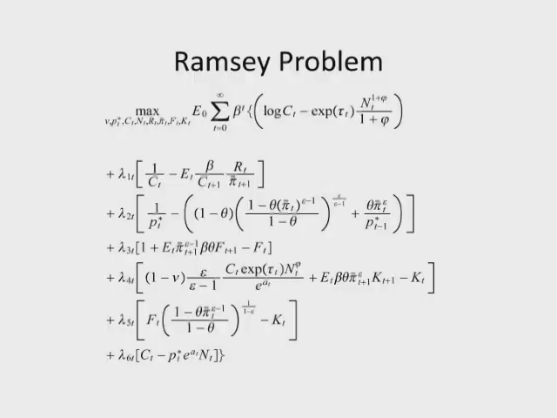So the Ramsey problem is to go hunting through this space of possible settings for the 8 variables to find the setting that has the highest utility. So it's a maximization over, see the max there, 8 variables, maximizing utility subject to my 6 private sector equilibrium equations. And that's called a Ramsey problem.